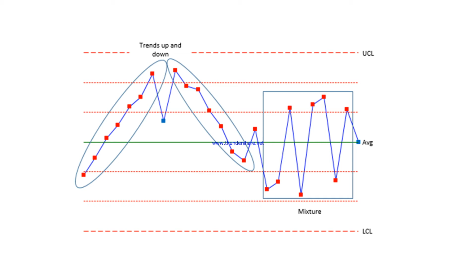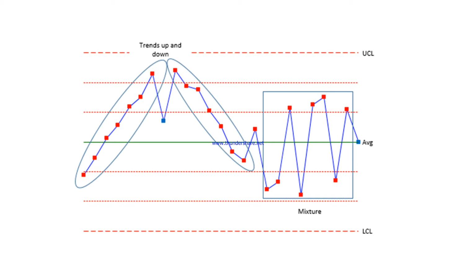This mixture is showing a random behavior. But when it comes to this upward trend and downward trend, even though the points are within the upper control and lower control limit, that gives us a hint that there is a non-random behavior, that is, something wrong with your process.